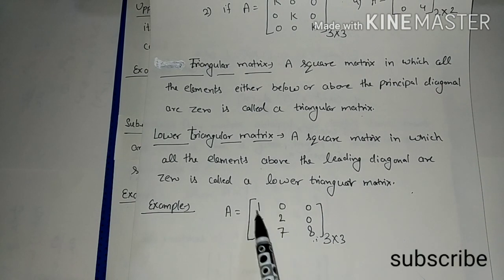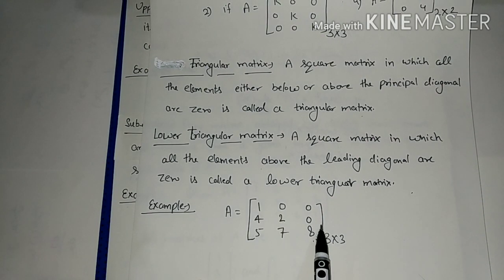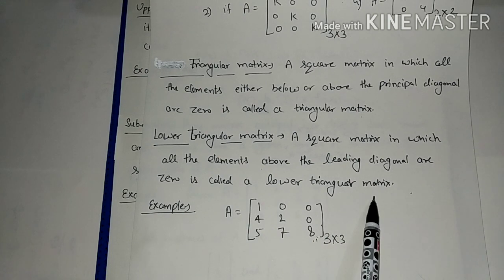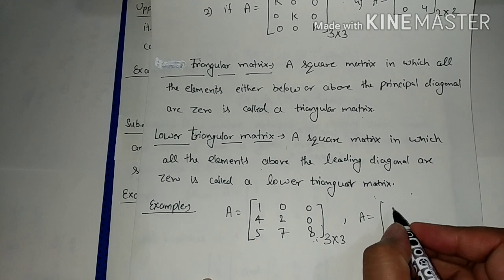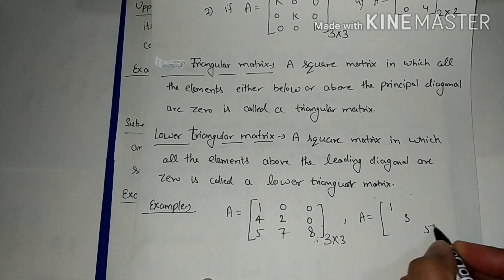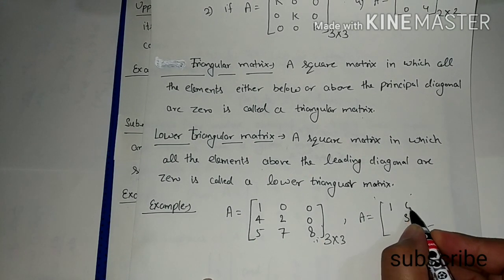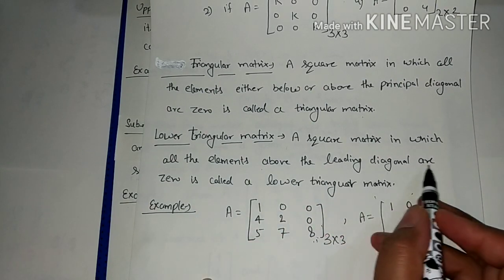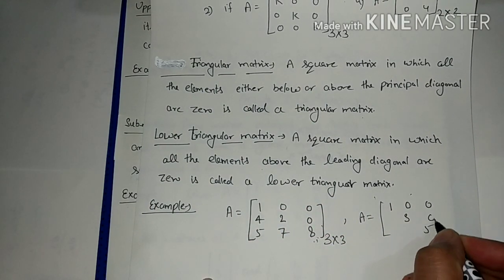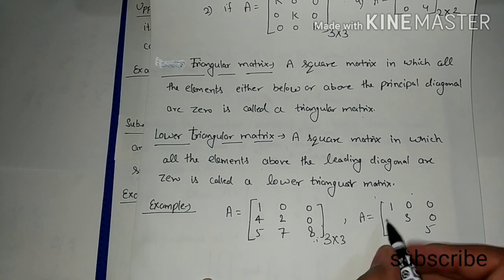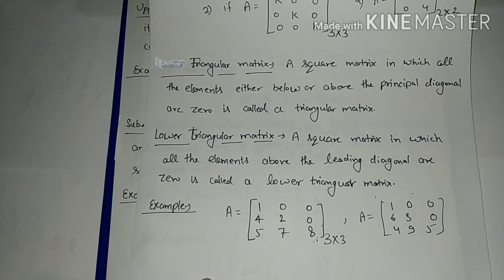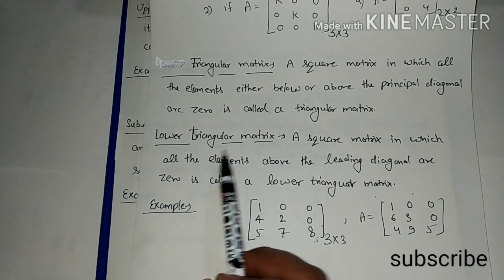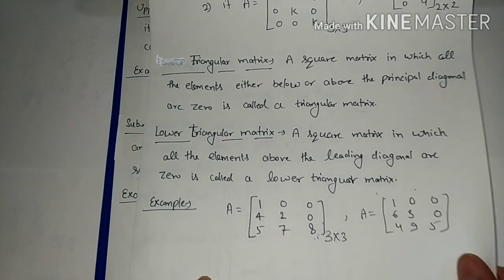All the elements above the leading diagonal are 0 is called a lower triangular matrix. Another example we can write, if here diagonal elements, for example 1, 3, 5, the condition is above the leading diagonal all elements are 0. This is another example of a lower triangular matrix.